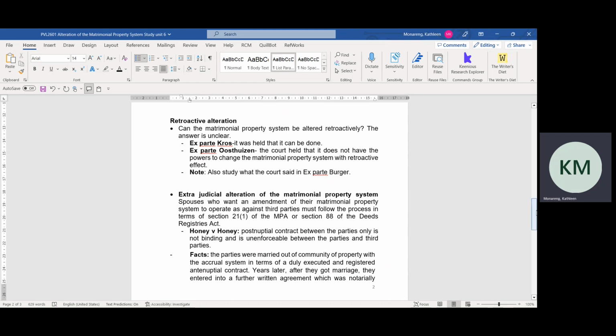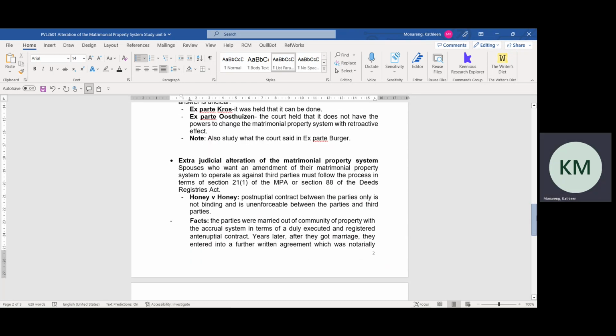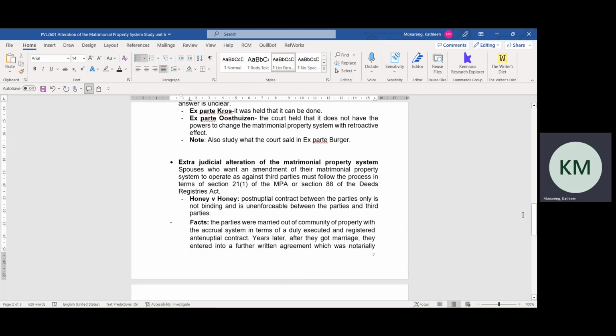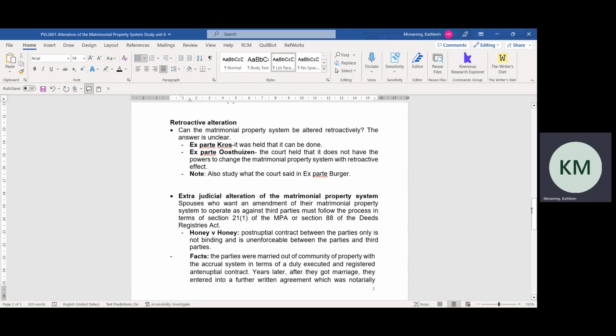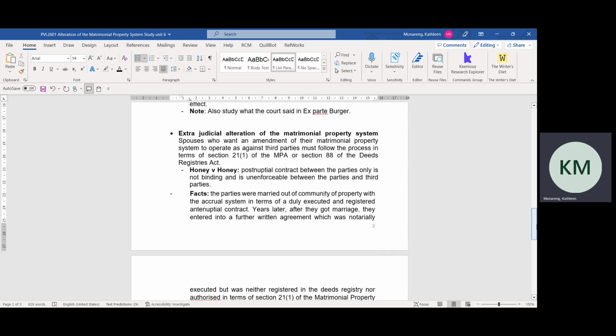Please also, in your prescribed textbook, read what the court said in Ex parte Berger. But the important thing that you need to know regarding changing the matrimonial property system retroactively is that the position is unclear and each case is based on its own merit.